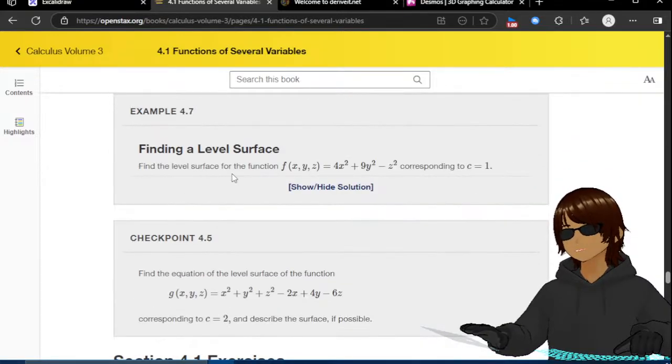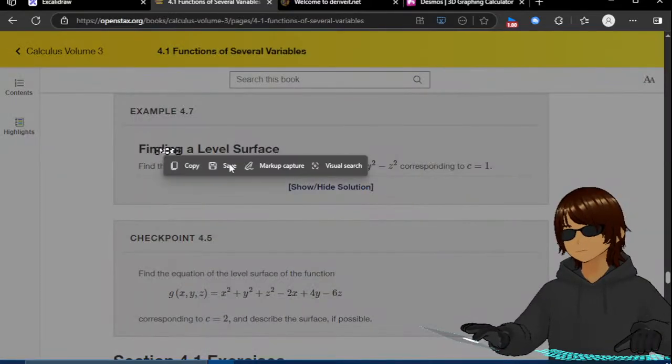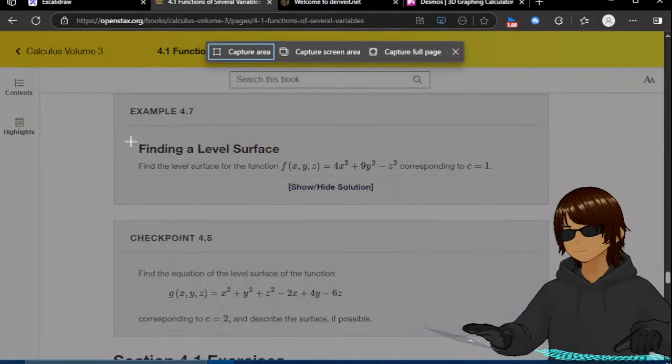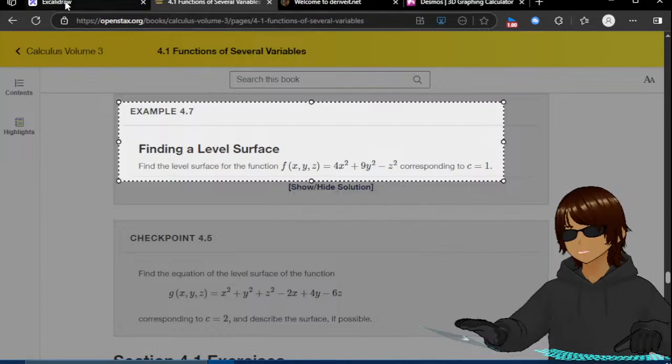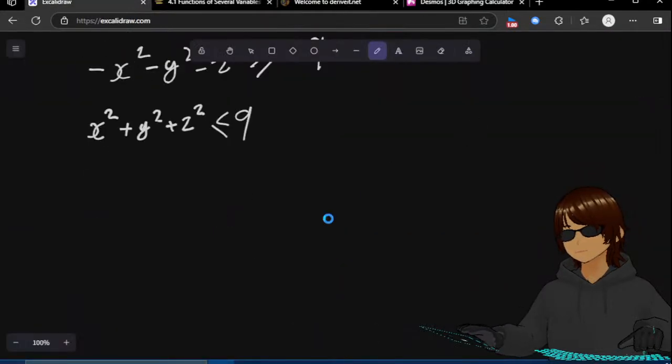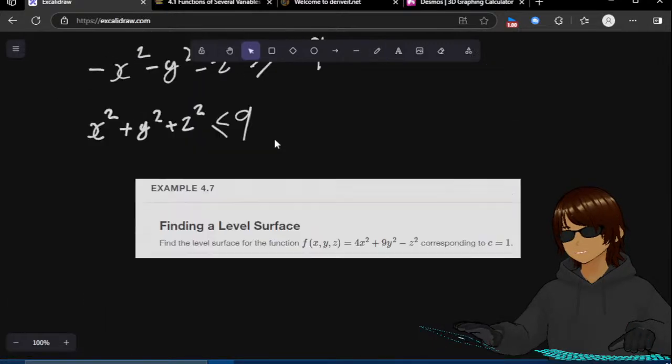Find the level surface for the function corresponding to c is equal to 1. So example 4.7. Let me just delete this because it takes up memory.